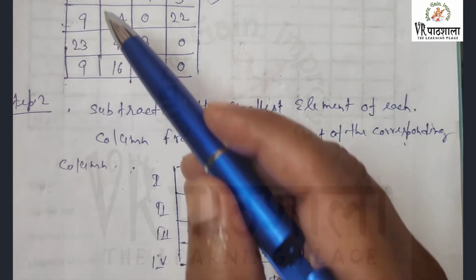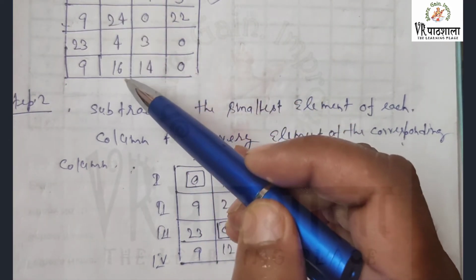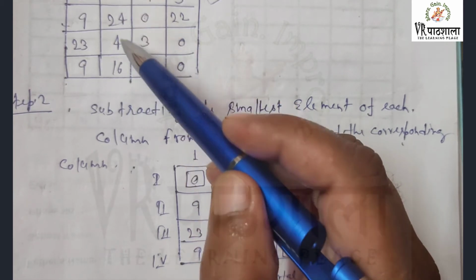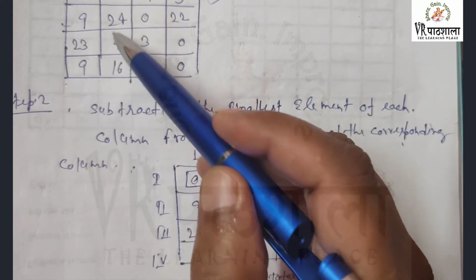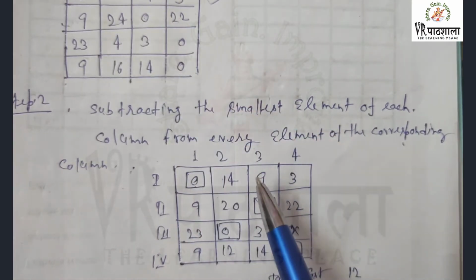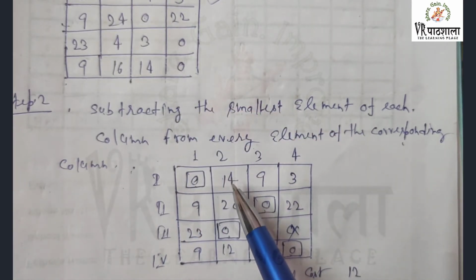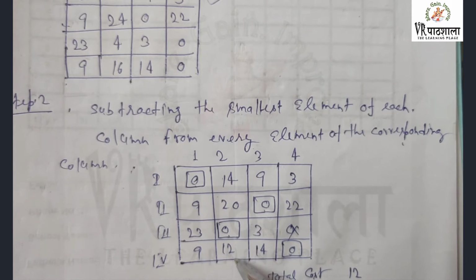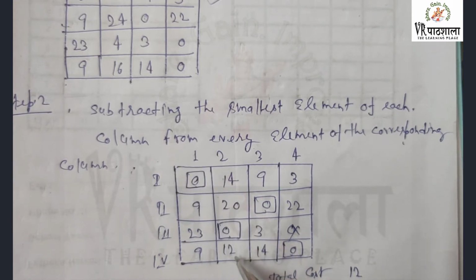Now in the second column, the smallest element is 4. So we subtract 4 from the second column. Now 18 minus 4 is 14, 24 minus 4 is 20, 4 minus 4 is 0 and 16 minus 4 is 12.